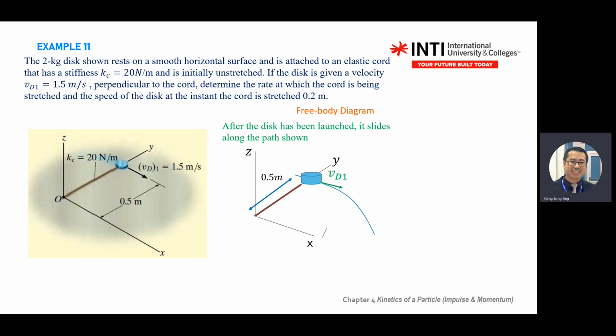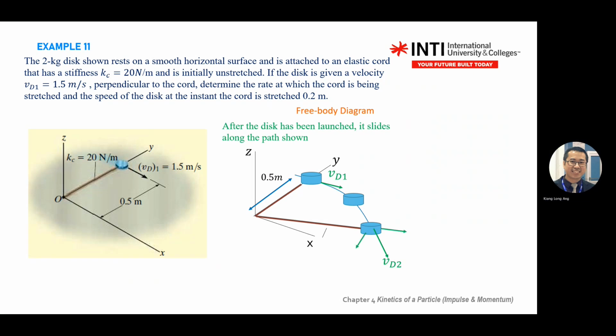The velocity is always tangent to the curve. So let's say this is the second position. We reach here and stop here. Here, I break my velocity when it reaches distance 2, which is what the question wants you to find.